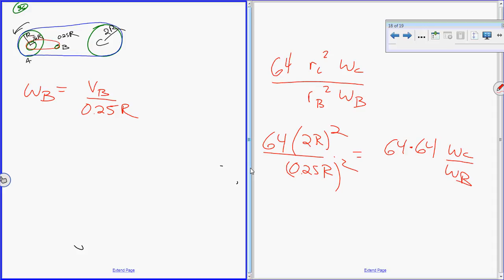Because remember, that whole red belt is moving at the same velocity, right? So that means the velocity of A over 0.25 r is that same number, right? Well, the velocity of A is equal to the angular velocity of A times that radius, which is 1/2 r, right?